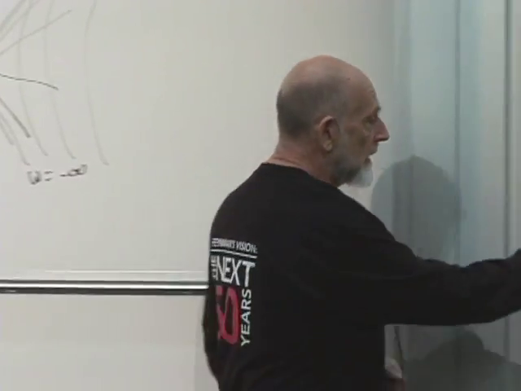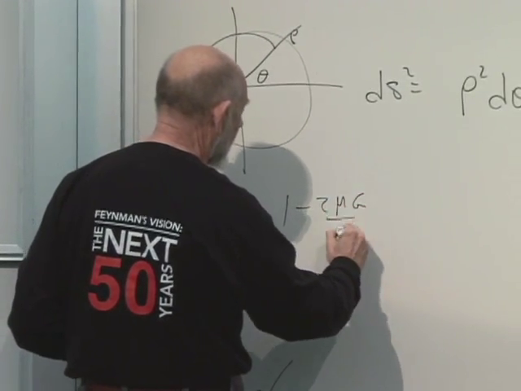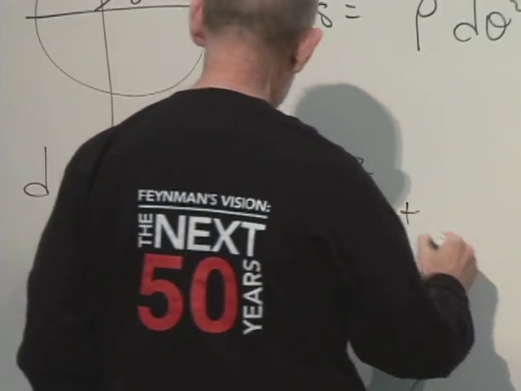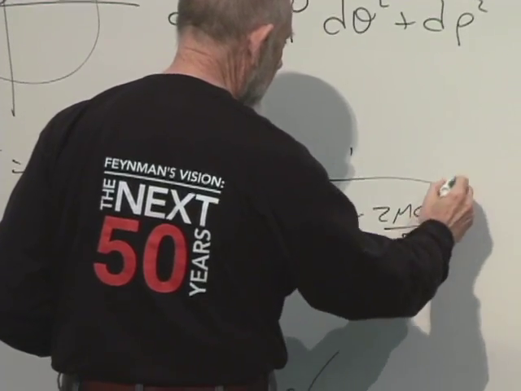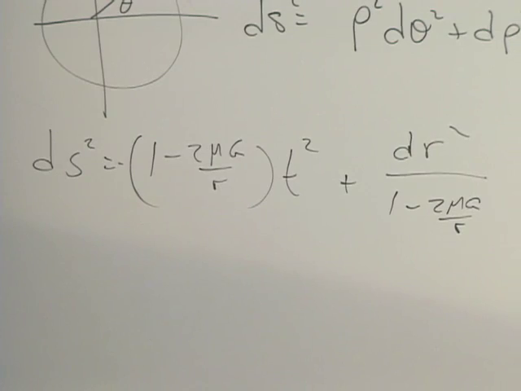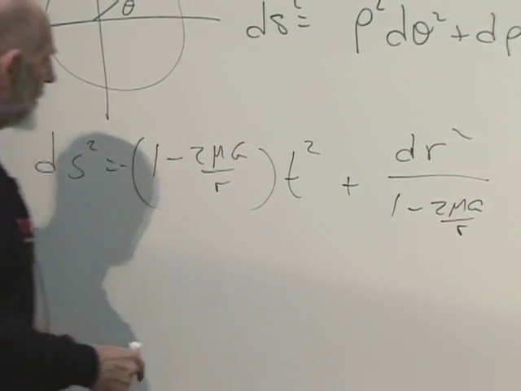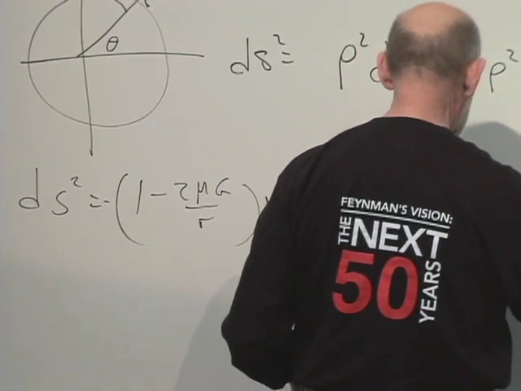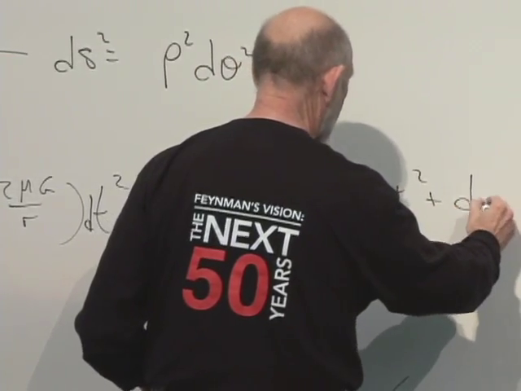Let's write it down. ds squared is equal to minus (1 minus 2mg over r) dt squared plus 1 over (1 minus 2mg over r) dr squared. And now we go far from the black hole, which means r very large. What happens to this when r is very large? It just becomes minus dt squared plus dr squared.